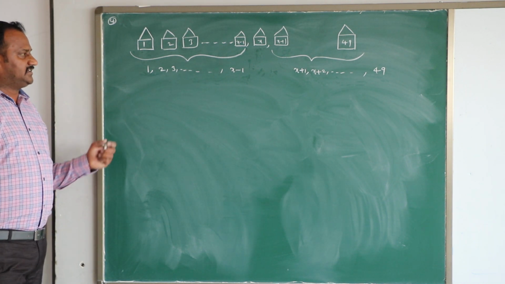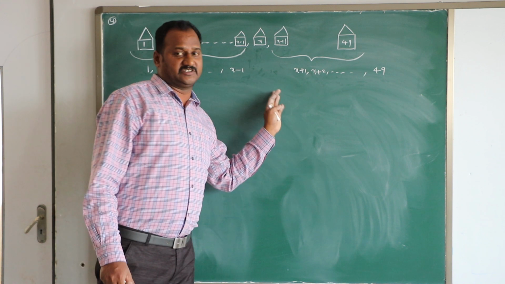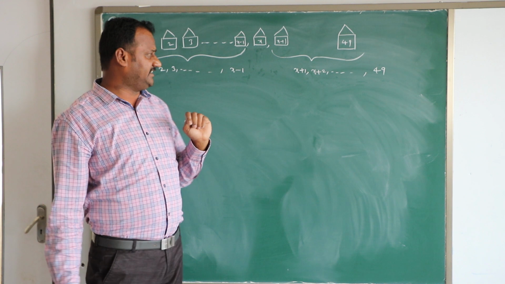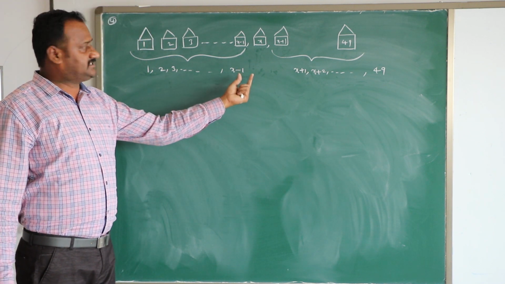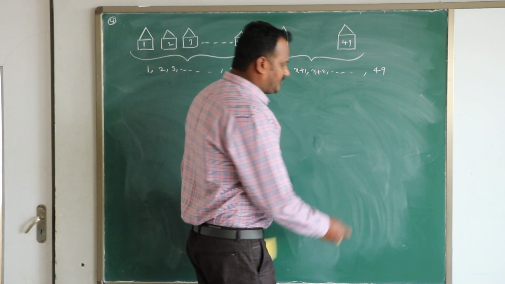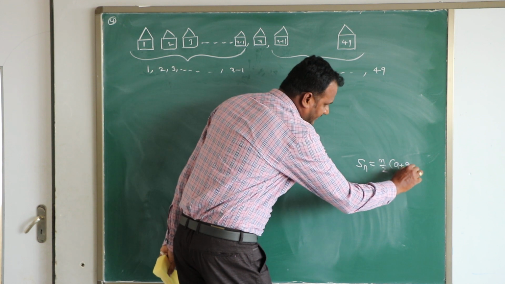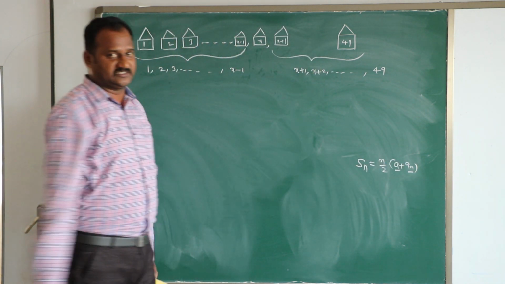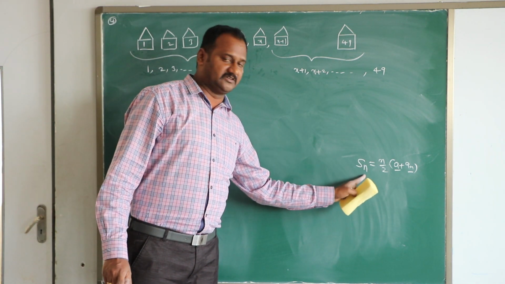First of all, is it possible to find the sum of both arithmetic progressions by using the first formula, or do we want the second formula? See, the last number is already there in both the sequences, right? When the last number is there, then probably we can use Sn is equal to n by 2 times (a plus an), because we know what a and an are in both arithmetic progressions. But the task is, what is n? Number of terms equal to how much?